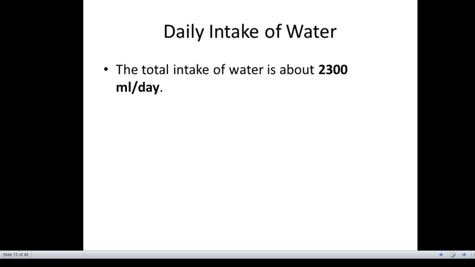So, the total intake of water is about 2300 milliliters per day. However, intake of water is highly variable among different people and in the same person even at different times.